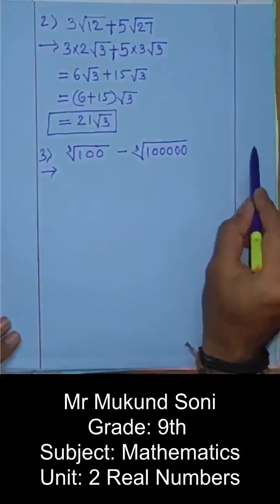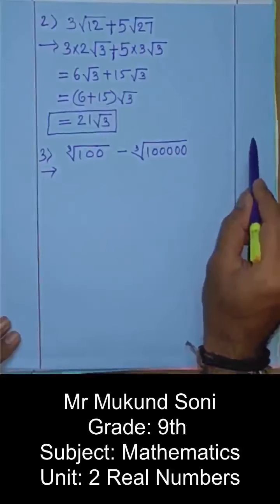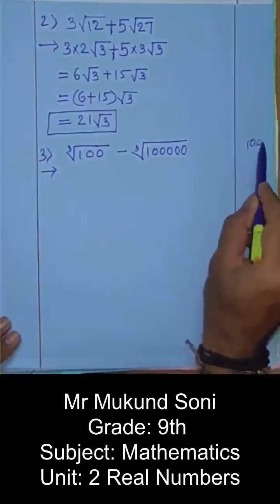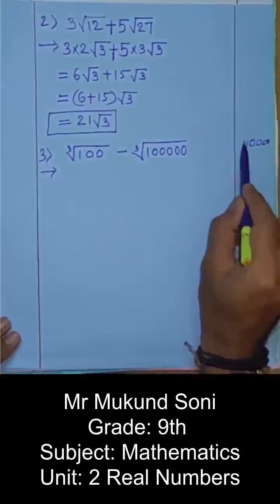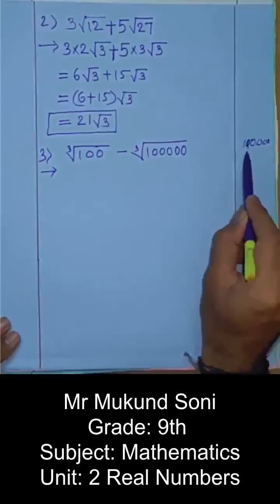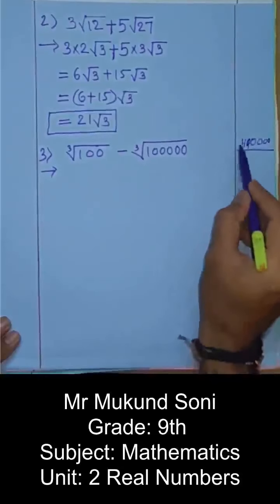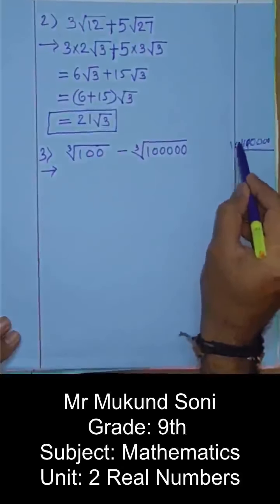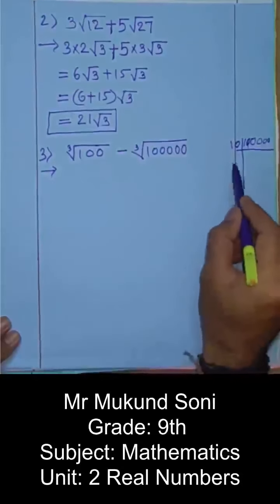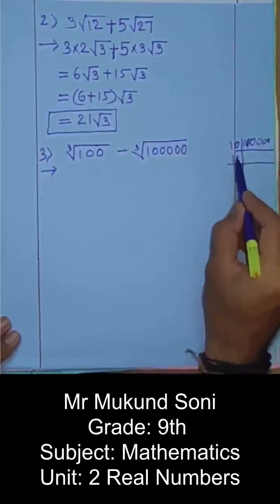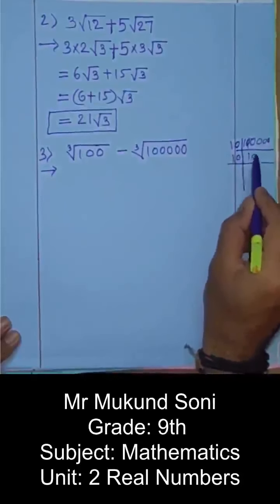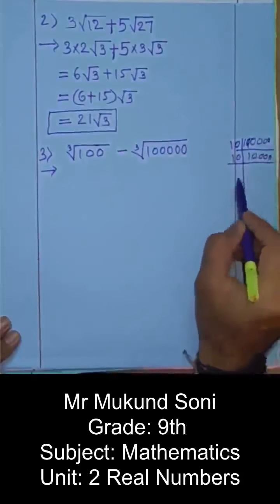The simplest approach is factorizing it. And when you have a number with multiple zeros, then start factorization with 10 itself. Divide by 10, then you will get the answer 10,000.